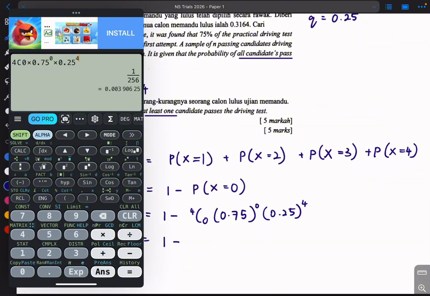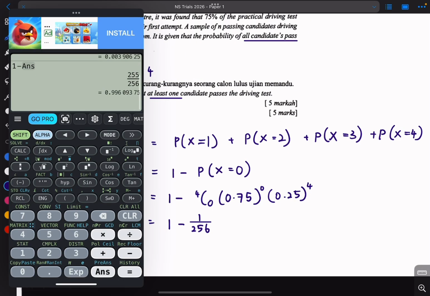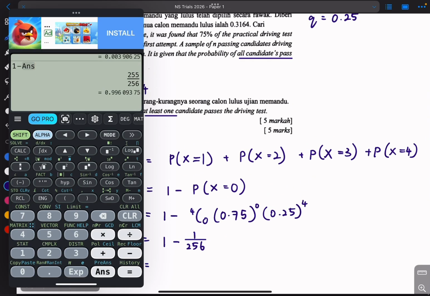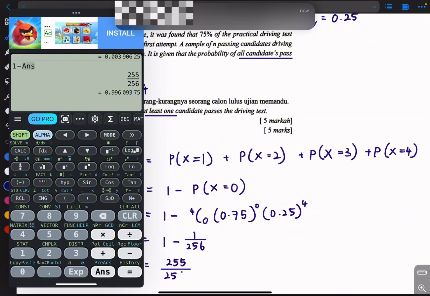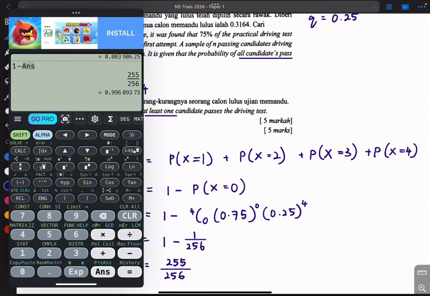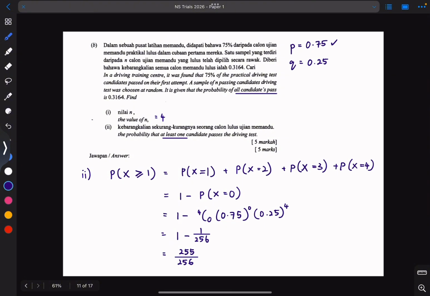So we get 1 out of 256. If you get the chance to write in fractions, you can just go ahead and write in fractions because this will be a more accurate answer lah. Okay, done. That's it. This will be the answer.